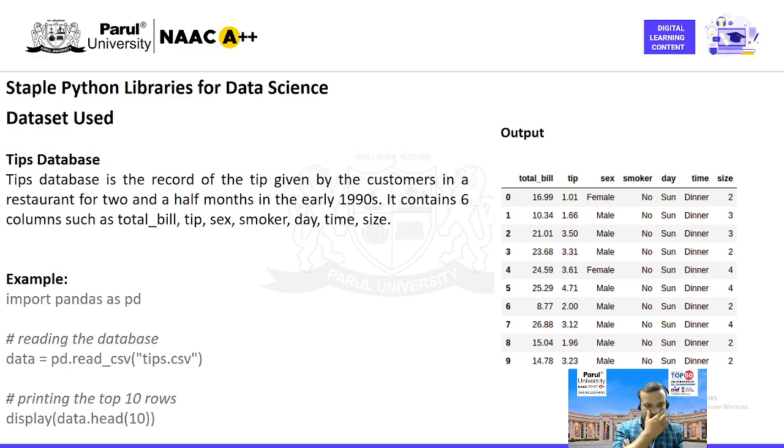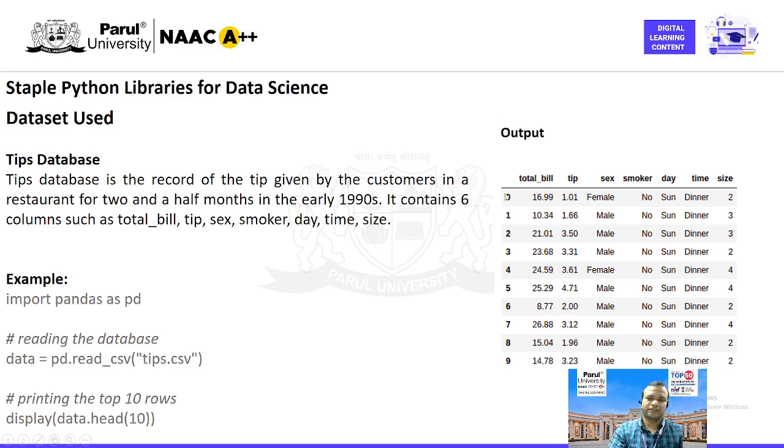After that, print the top 10 rows of your dataset. We use the display function along with head: data dot head. How many rows do you want to show? 10 rows, so we use 10. After execution of this program, you will get this type of output.